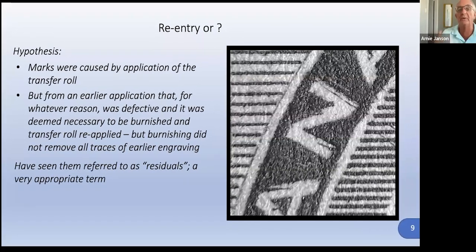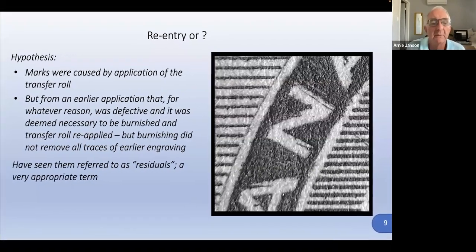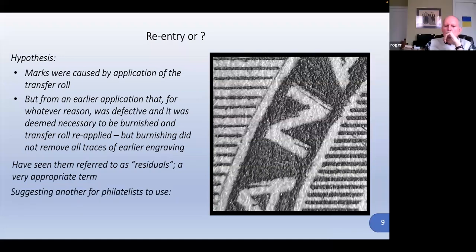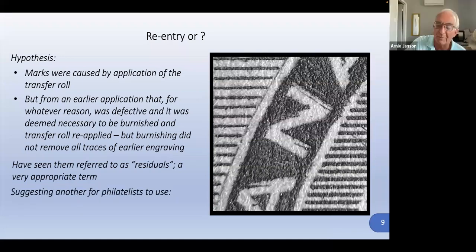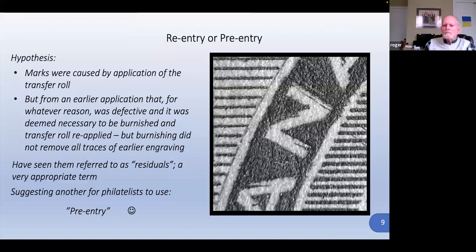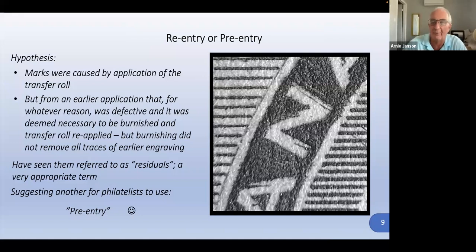Those are called residuals. That's a very appropriate term, although I'm going to suggest a new one. We should not be calling them re-entries, but we should be calling them pre-entries because they actually are pre everything else that was done. But that's not the main point of it. They are residuals. I like the term. I also like pre-entry as a term.